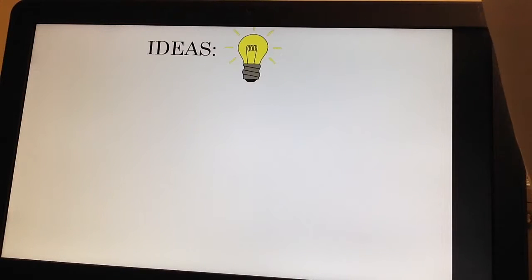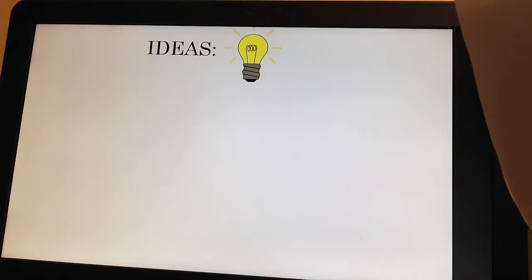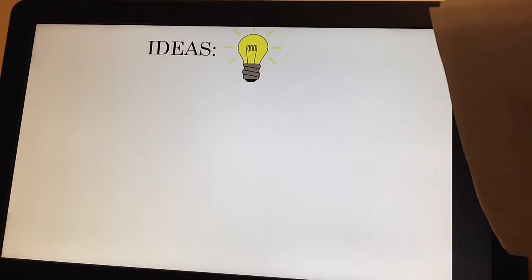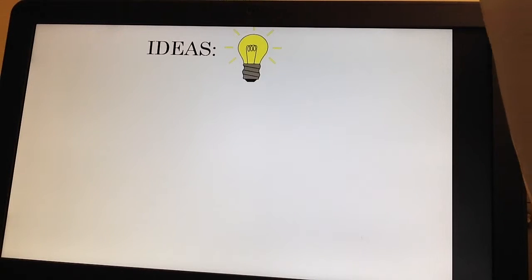So, how can you move forward if you've identified reading the questions on the test, understanding the content, or mastery of specific skills as areas that you need to work on? What are some ideas?